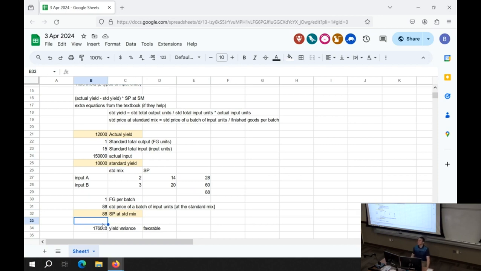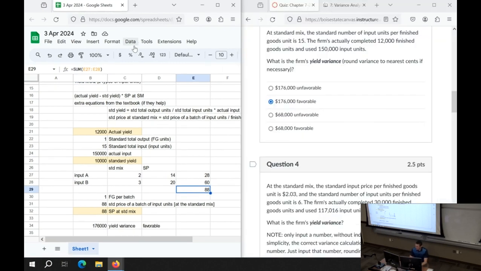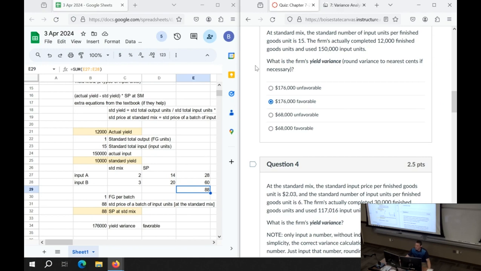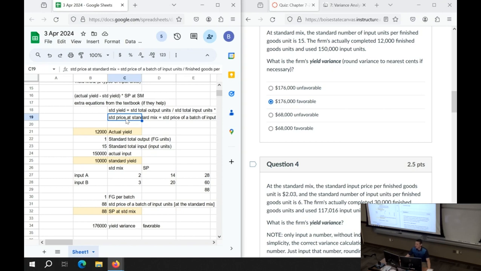Will it always be that total price for one finished good per batch, or will it ever? I don't think I have. I'm pretty sure I don't have a question that has a batch greater than one. I think I phrase it this way because you could generalize this type of calculation to say, well, the standard mix is 1,000 and 2,000 to generate 500 finished goods units.